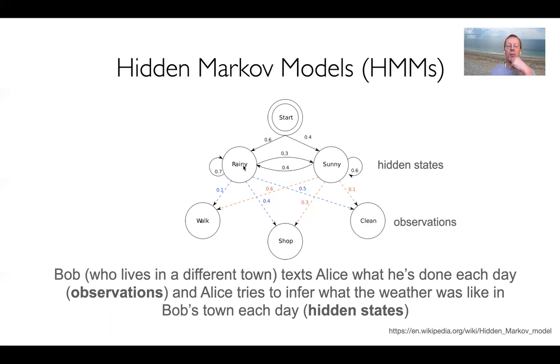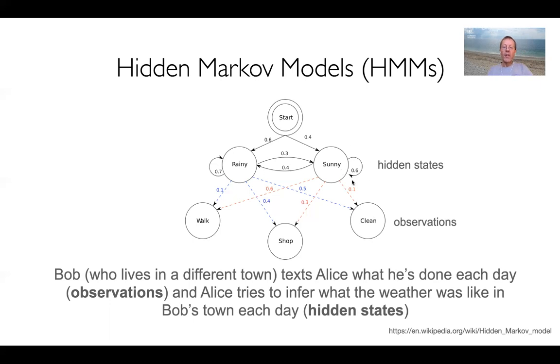So she's after this information, what's called the hidden states, because she has no direct access to whether it was rainy or sunny. But she does have access to the observations. And so from the observations, she will try to infer what the weather was like on any particular day in the past week.